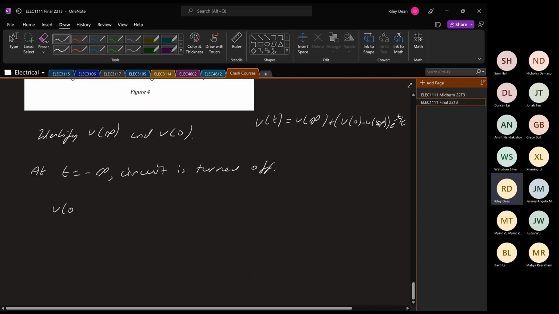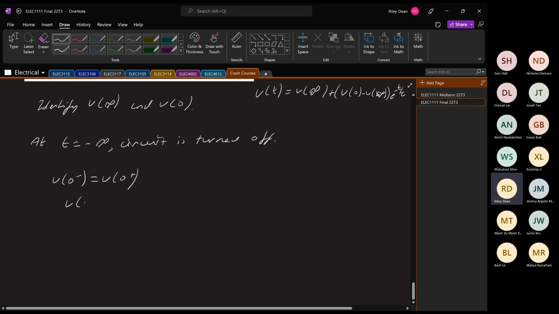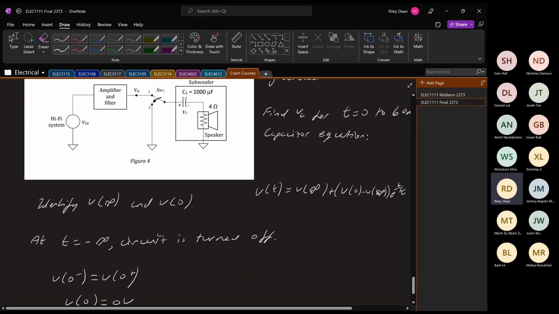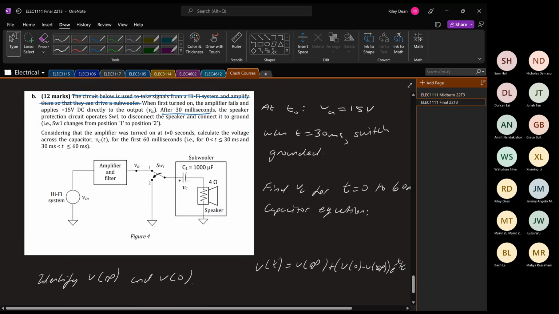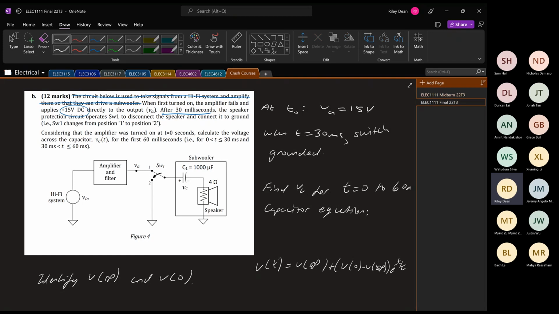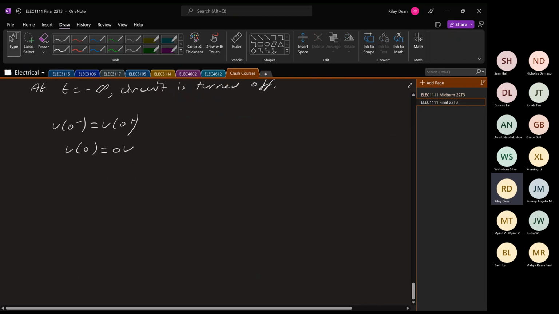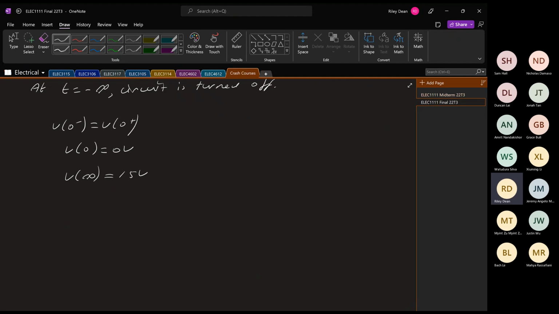We know that V0 minus is equal to V0 plus, and as such, we can say that V0 equals 0 volts. Then we need to look at V infinite. As they say, they're charging it to plus 15 volts due to the fault, and that means that V infinite is equal to 15 volts. So does that make sense so far?